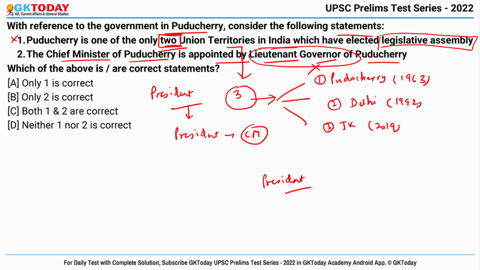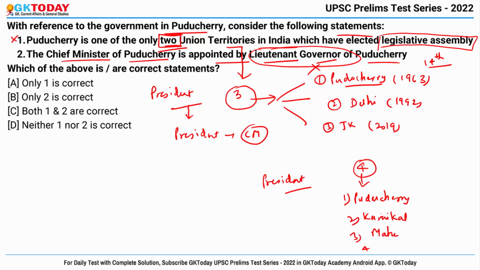Fine. So Puducherry got its legislative assembly with the 14th Constitutional Amendment Act of 1962. And the Puducherry Legislative Assembly represents 4 districts. First is Puducherry, second is Karaikal, third is Mahe, and fourth is Yanam. Now why is Puducherry important?